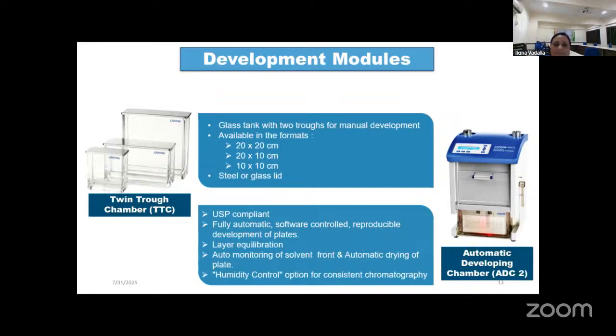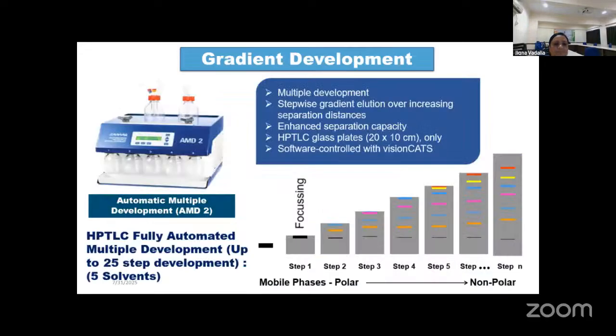So the major benefit of this is humidity control and temperature control. So results are reproducible in this. So the automatic developing chamber is beneficial for reproducible results. Gradient development is also available in the market.